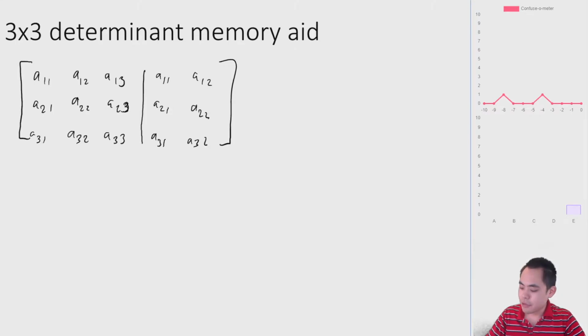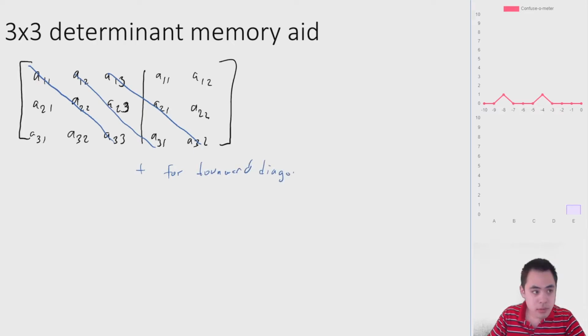Then for every one of these downward diagonals, they're going to be positive. So plus for downward diagonal. And for all these upward diagonals, minus for upward diagonal.